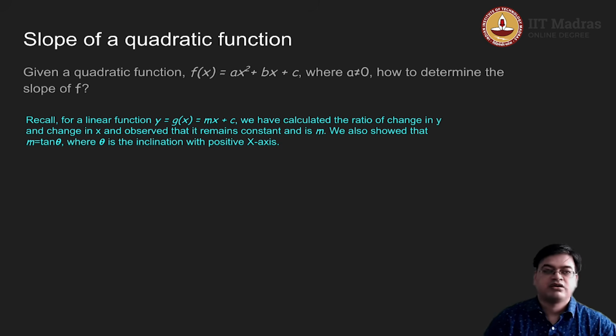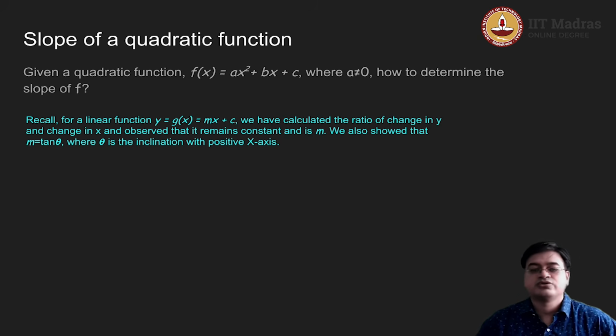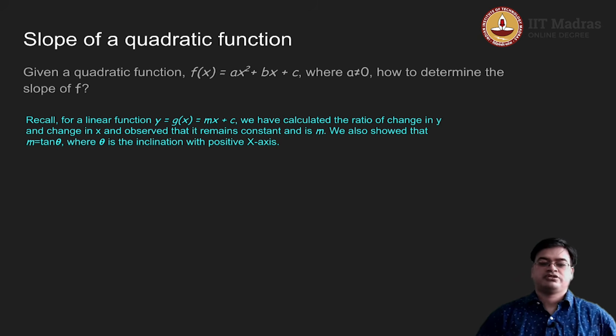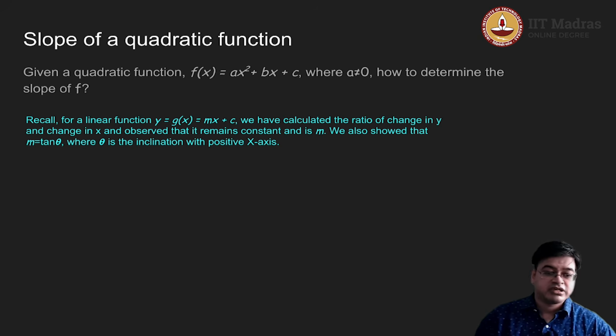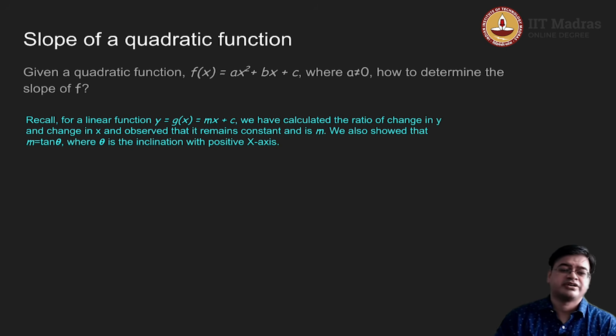We have spent a lot of time understanding the slope, and when I consider a linear function, I also know that the slope remains constant. We also know that the slope is nothing but the tan of some inclination, and that inclination is with the positive x-axis. So I want to relate all these concepts and try to figure out what the slope of this quadratic function is.